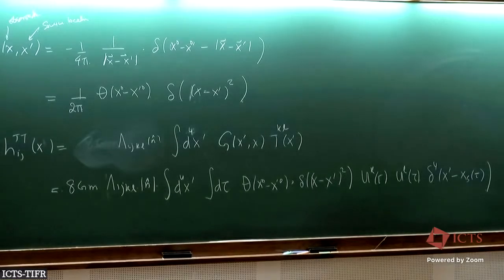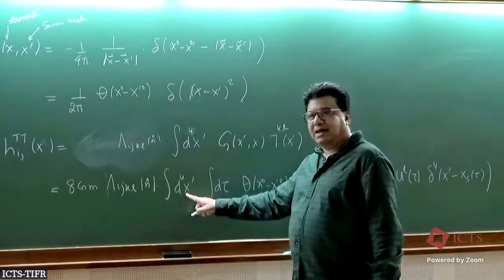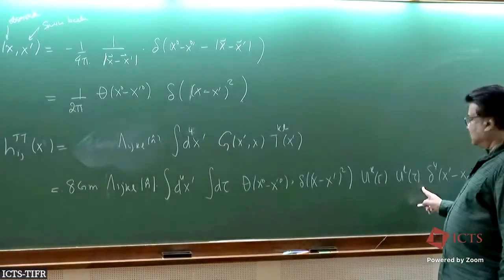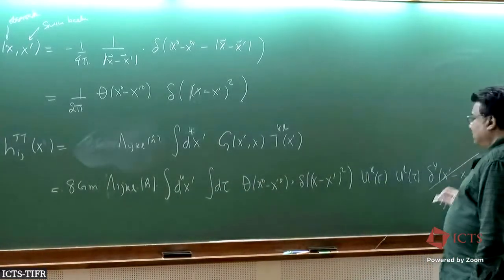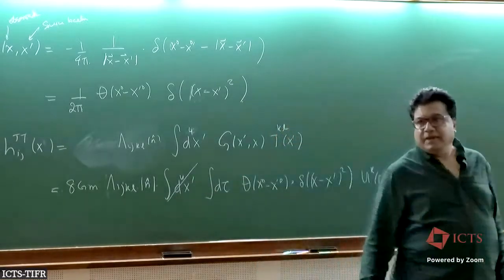Okay. All right. So now you see that there is an integration over x prime and there is a delta function. So I can use this delta function to remove this one, right?